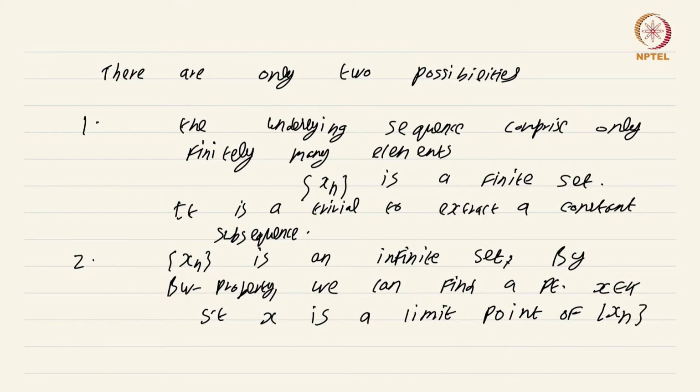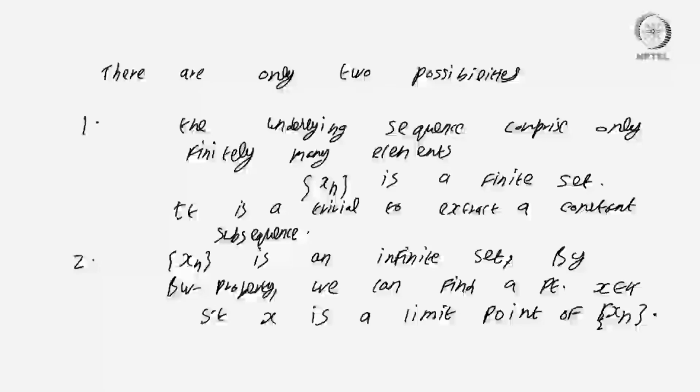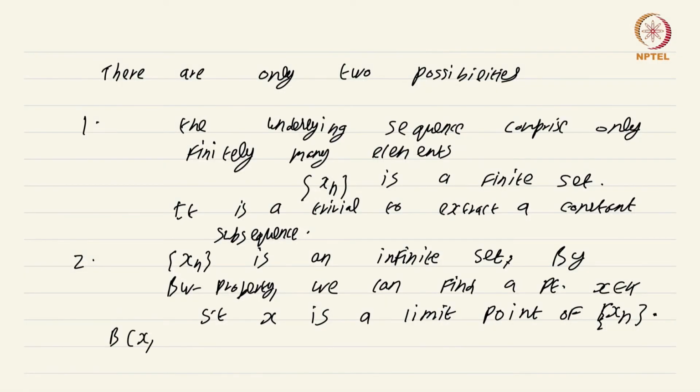Note, this is a limit point of the set xn, not, I repeat, this is not a limit of the sequence xn or any such thing. Now from this, it's rather easy to extract a subsequence. I'm going to leave that to you as a straightforward exercise, but let me just give you a hint.